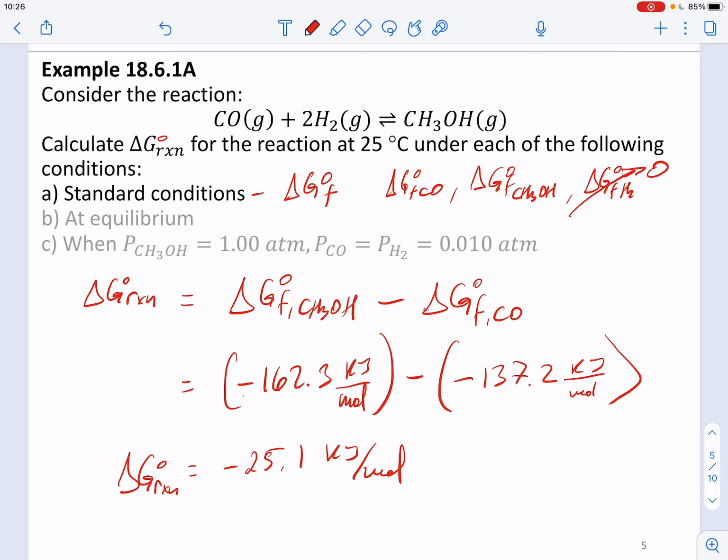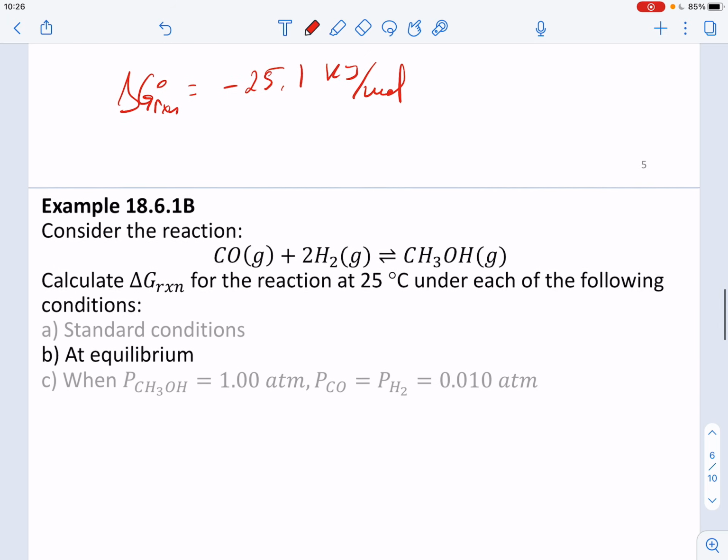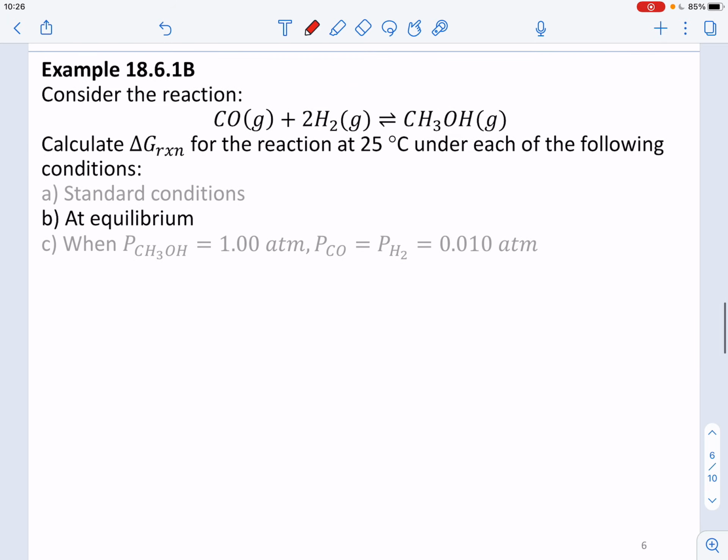All right. Now what do we have at equilibrium? How do we calculate this delta G for equilibrium condition? Well, this is where we use the equation that we have already expressed before. Delta G of reaction under equilibrium conditions is going to be minus RT logarithm of K. And I forgot to add the value of K here.